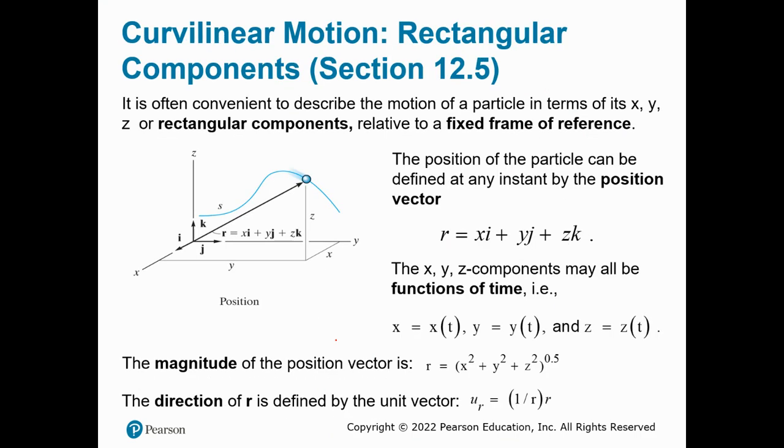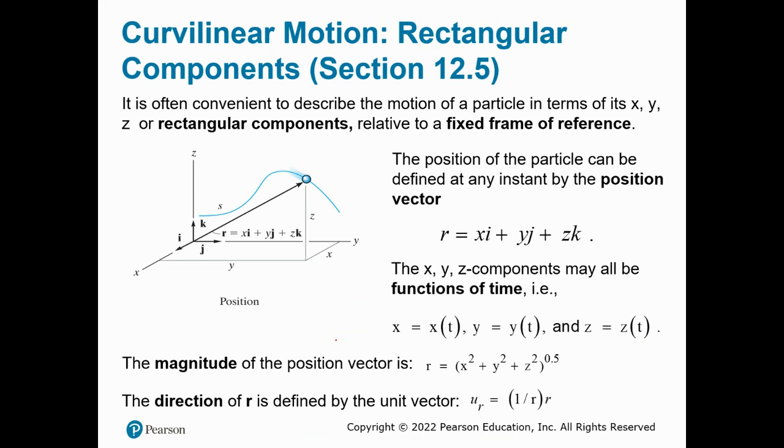Now, section 12.5 talks about the rectangular components of curvilinear motion, which is often in 3D or 2D. It's often convenient to describe the motion of the particle in terms of xyz rectangular components relative to a fixed frame of reference.